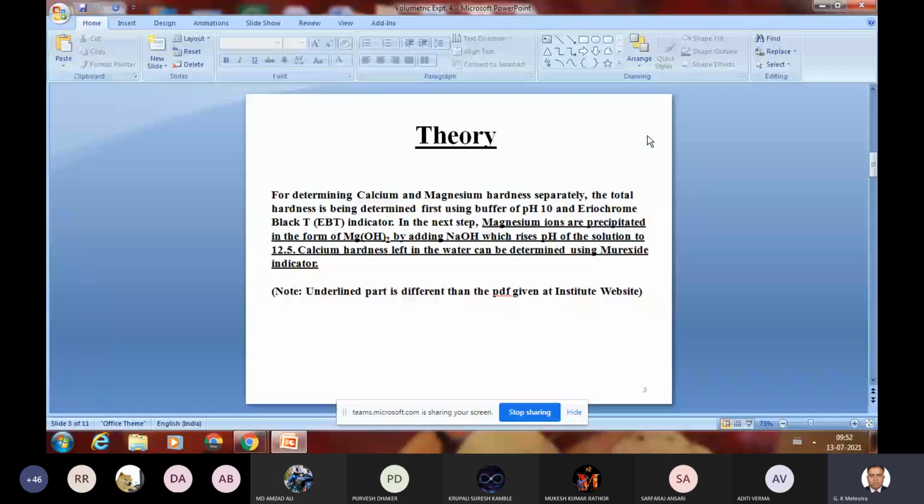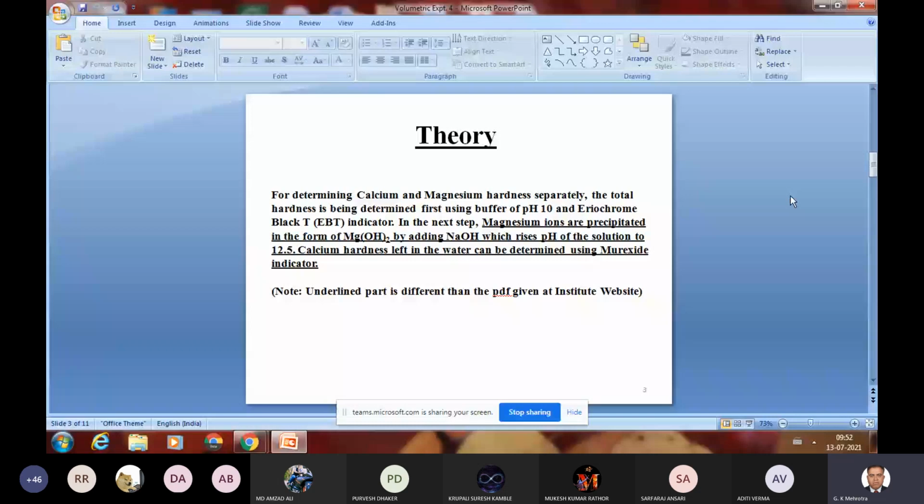You have some knowledge about both the indicators, that is Eriochrome Black T as well as Murexide, which behave similarly.